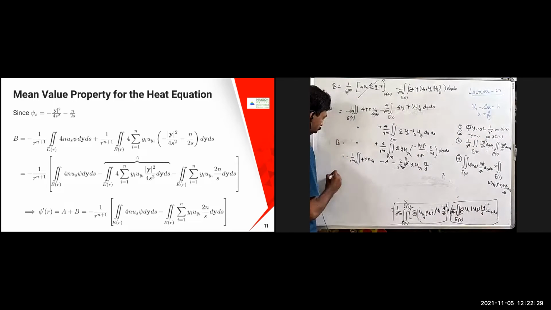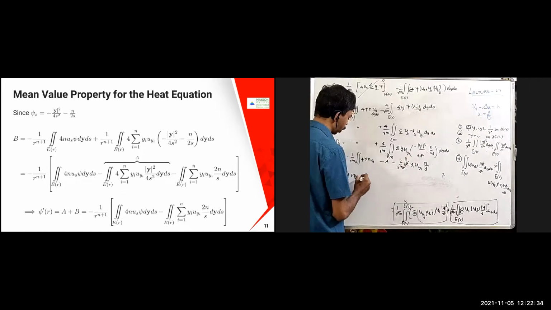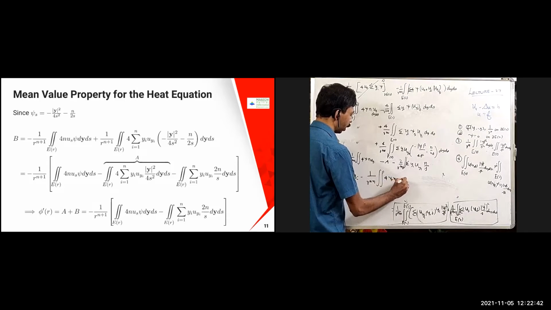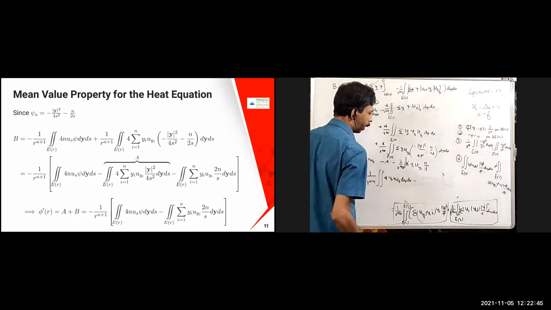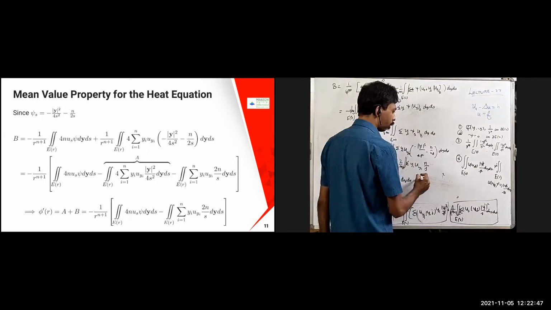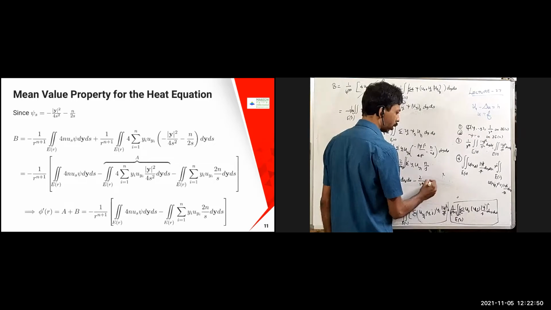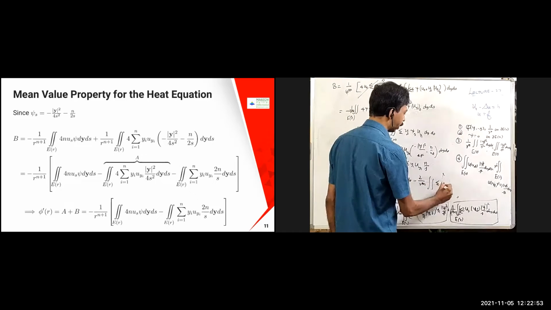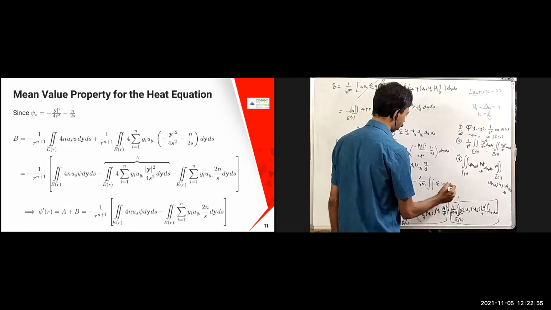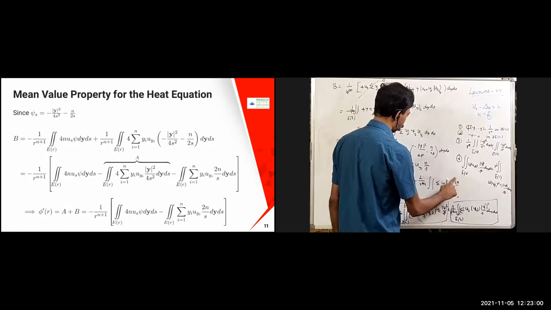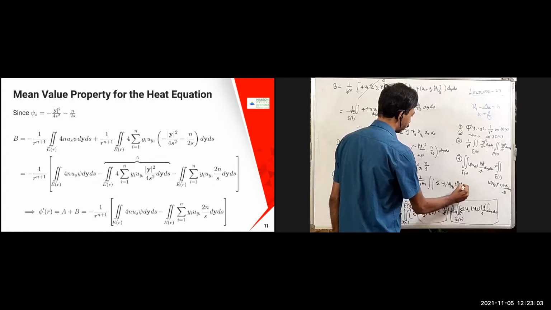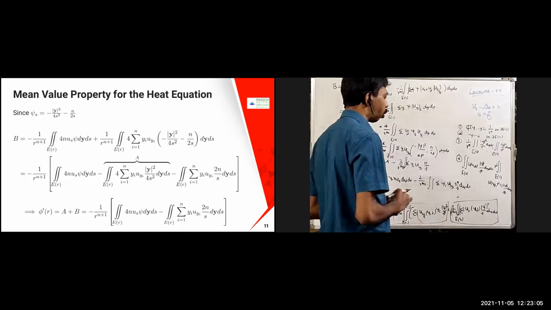Phi dash of R equal to A plus B is going to become 1 by R power n plus 1, integral over 4 psi s, dy ds, minus 2 by R power n plus 1, integral over summation yi uyi, n by s, dy ds. This is going to be your phi dash.